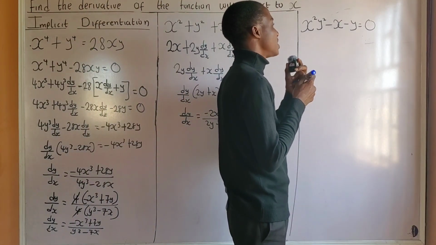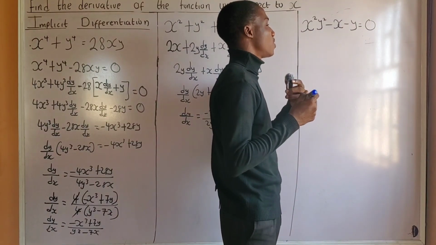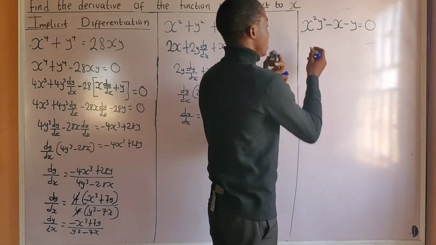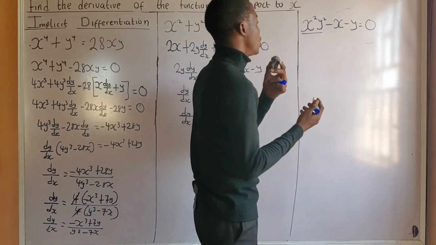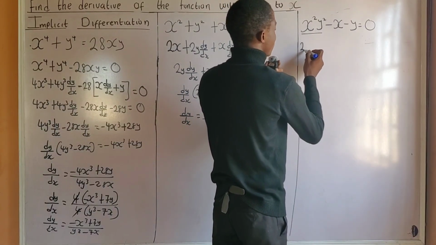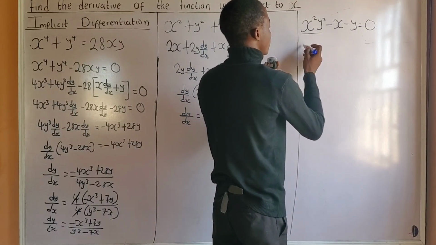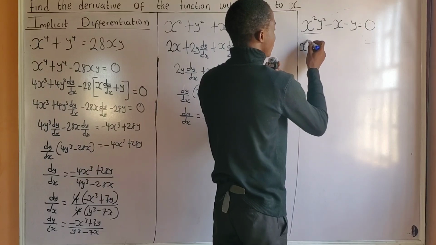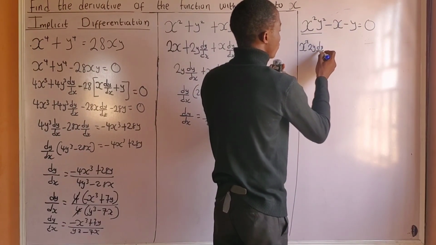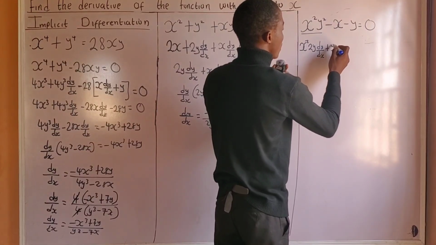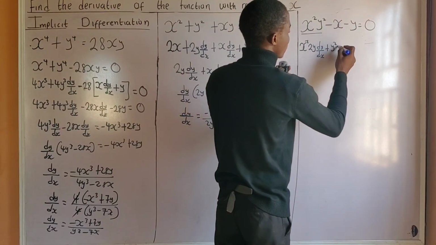Okay, now let's consider this question also. How do we find the derivative of this function implicitly? Well, to do this, let's start with this. Differentiate x squared y squared using product rule. You are going to have, okay, let's keep x squared constant, x squared multiplied by 2y dy/dx plus y squared multiplied by 2x.